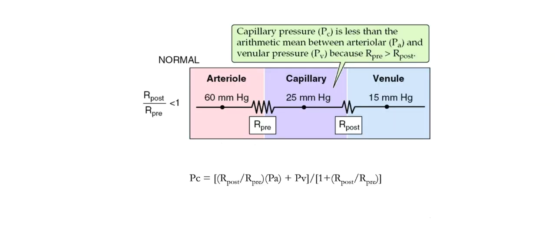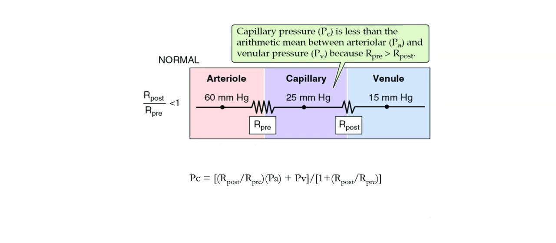All right, the last part that I want to talk about is how your capillaries can change in pressure based on what's considered your precapillary arteriolar resistor and your postcapillary resistor. At the junction between your arterioles and your capillaries, you're passing through the resistance of the arteriolar vessels, right?